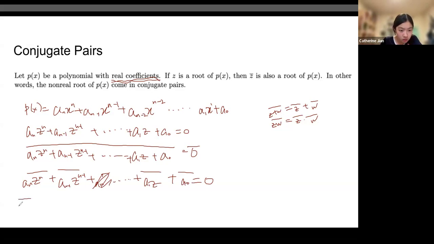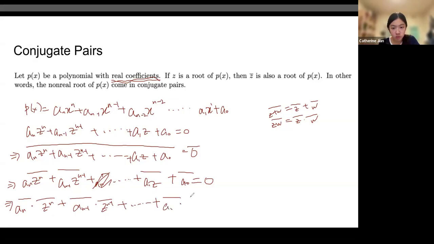And now we can use this property here that you can separate it. So this is equal to the conjugate of a of n times the conjugate of z to the n plus the conjugate of a of n minus 1 times the conjugate of z to the n minus 1 plus the conjugate of a of 1 times the conjugate of z plus the conjugate of a of 0 is equal to 0.